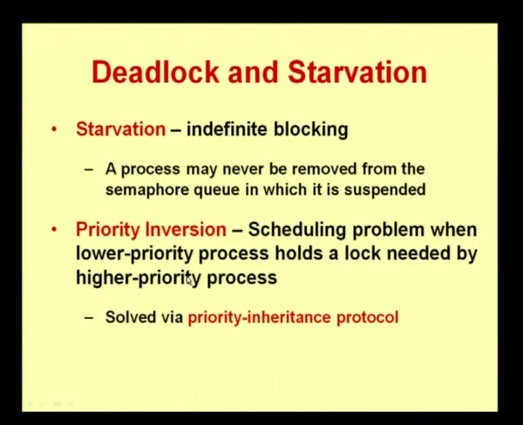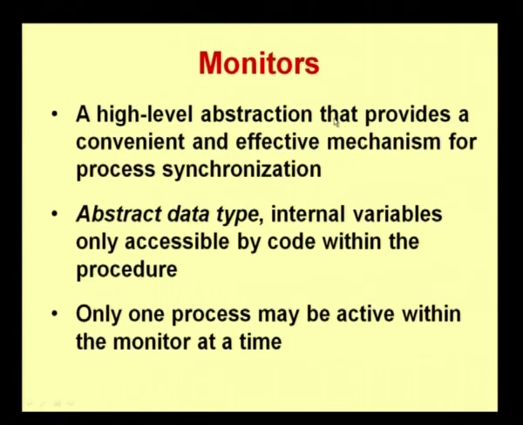So now this has to get inverted in such a way that process P3 executes first and then process P2 executes next. Such a thing we call a priority inversion. Priority inversion is a scheduling problem when a lower priority process holds a lock needed by a higher priority process, and it is solved via a protocol called the priority inheritance protocol.